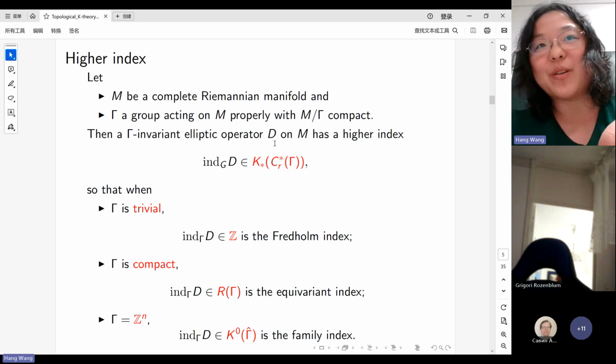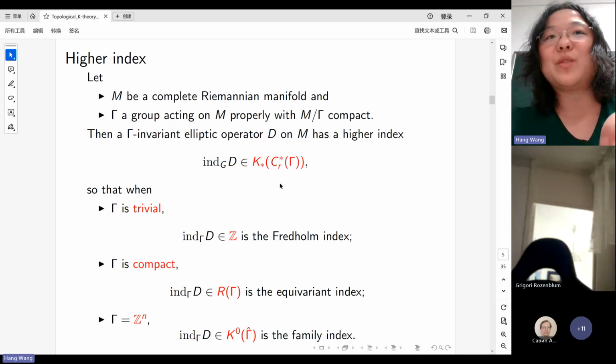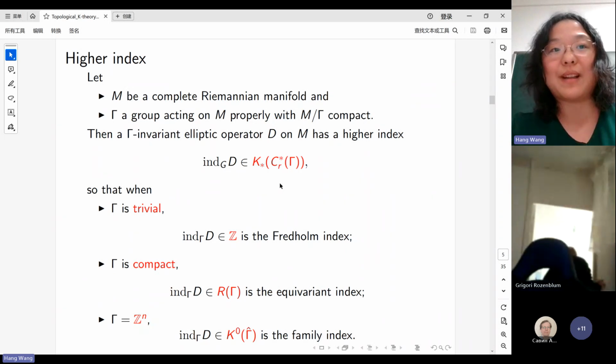In this lecture, I'm not going to tell you what that is, but this object is some generalization of the three examples we discussed previously.